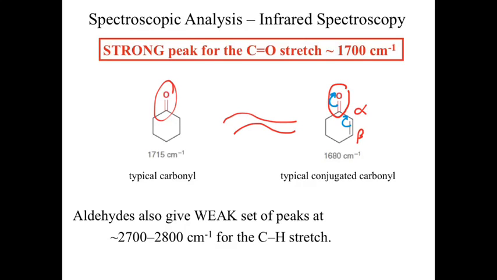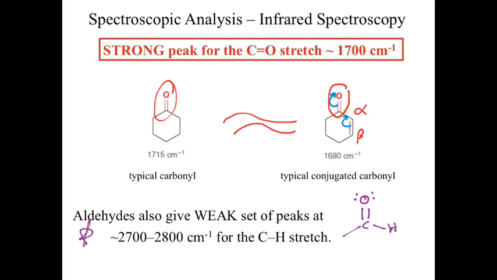The other important thing to look for is that aldehydes will give you another set of peaks, at about 2700 and 2800, right below the CH stretch for sp3s. This comes from the CH in the aldehyde, but it's a weird one.